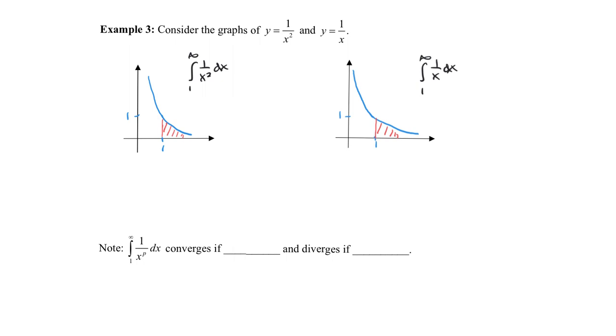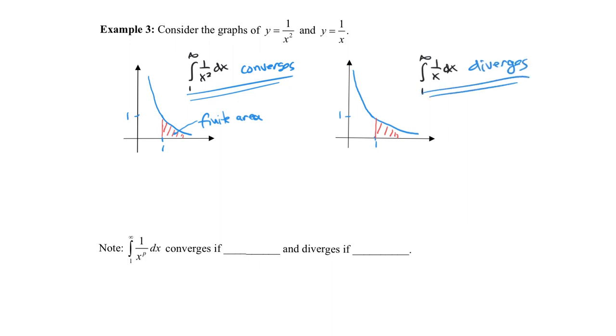Well, it turns out that with this one, this area is finite. The area under this curve is a finite area. And when you actually integrate this function, this one converges. This will be a converging integral, whereas this one over here diverges.